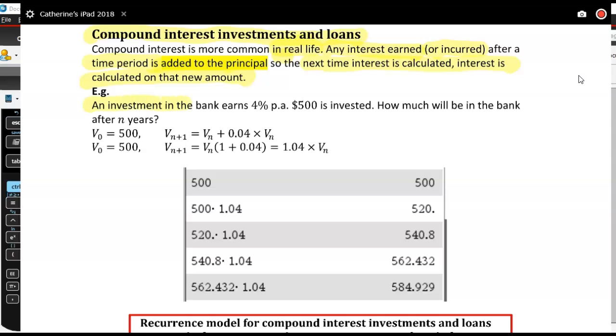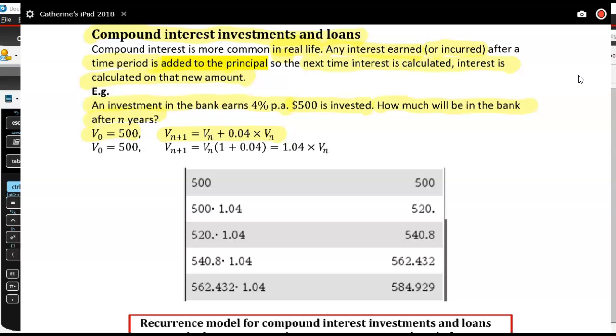So here's a small example. An investment in the bank earns 4% per annum. We invest $500. How much will be in the bank after N years? So using our recursion, start off with $500, and that's our recursion rule, recursion relation.